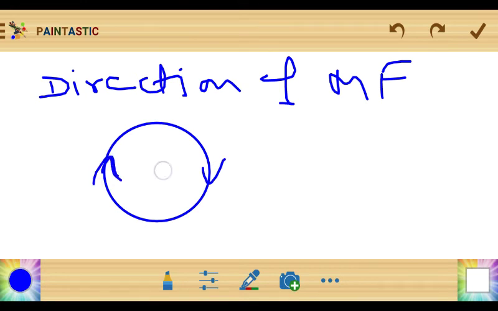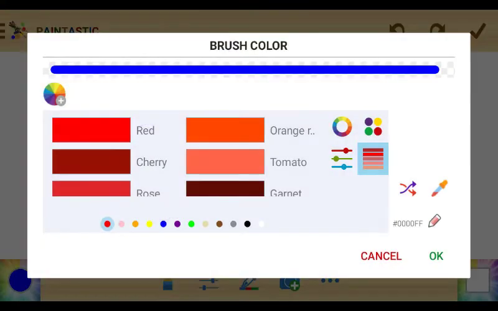So the magnetic field lines are like that. Just see it. I'll use a simple other pen.